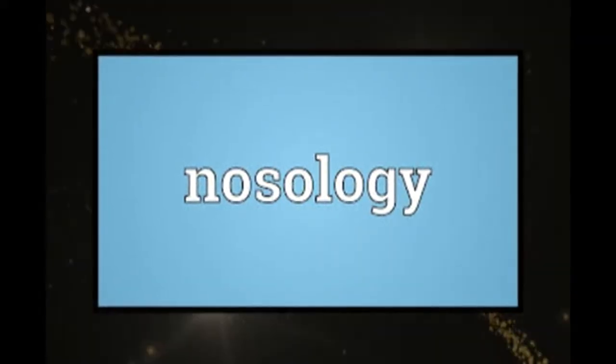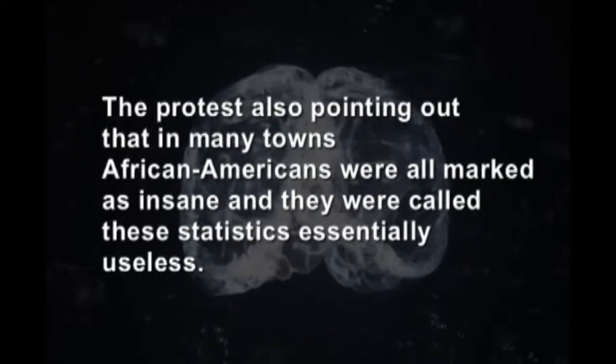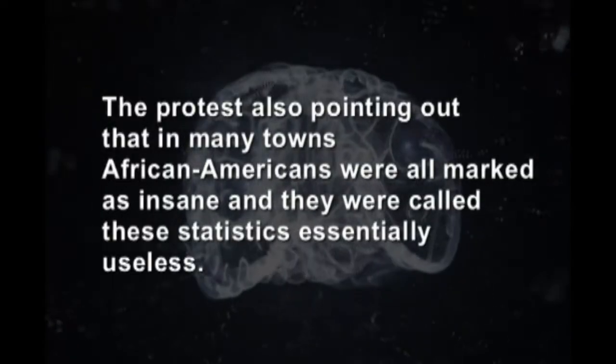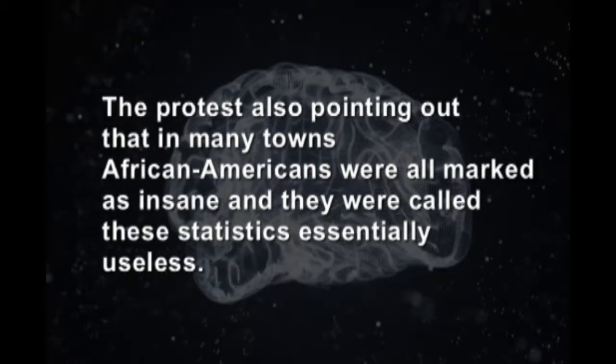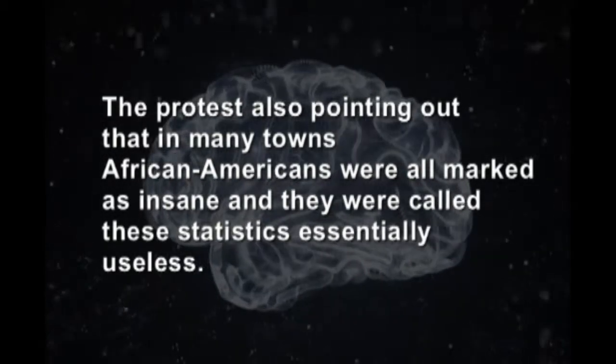Nosology is the study of classification of diseases. In addition to nosology, there were errors found in the prevalence of insanity, blindness, deafness, dumbness and so on. The protest also pointed out that many African Americans were marked as insane in many towns, and they called these statistics essentially useless.